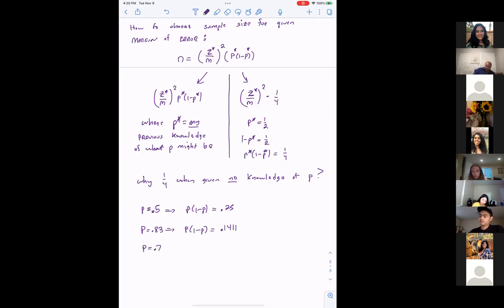Okay, if P is equal to 0.75, what is P times 1 minus P equal to? 0.1875. Okay, give me another value of what P might be equal to. 1. Okay, well, if P is equal to 1, what is P times 1 minus P equal to? 0. That's an easy one. Give me another value of what P might be equal to.